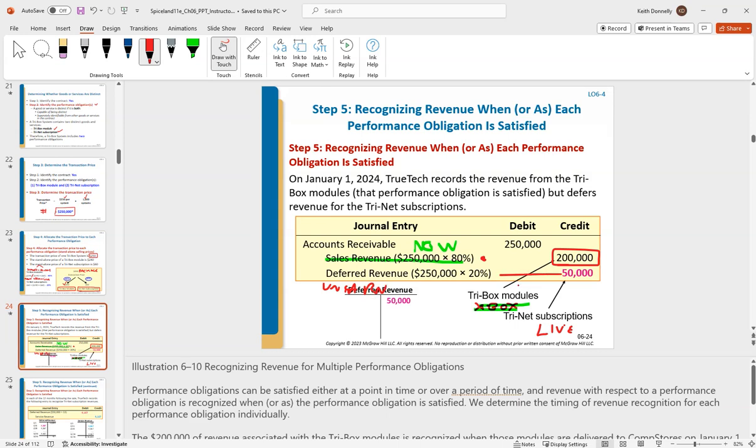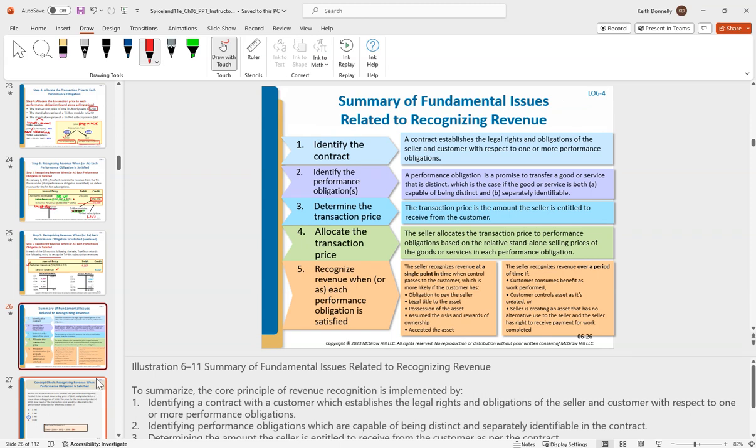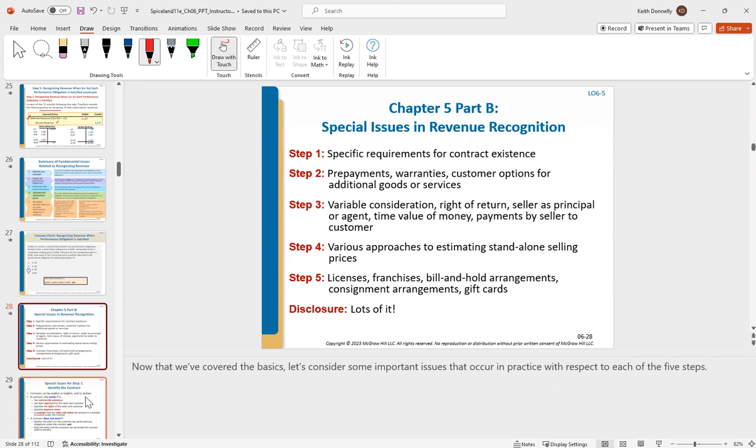We're going to recognize that later on over a period of time. That's what's going on here. As we earn the revenue from the Live, we'll flip out the unearned and credit the revenue. Okay, so this is just showing each of those steps we went through. They have a couple MCQs you can look at.